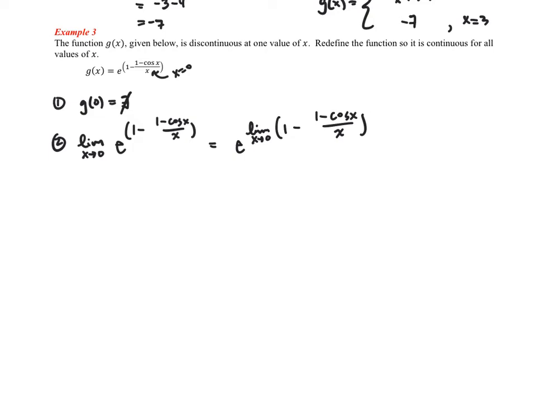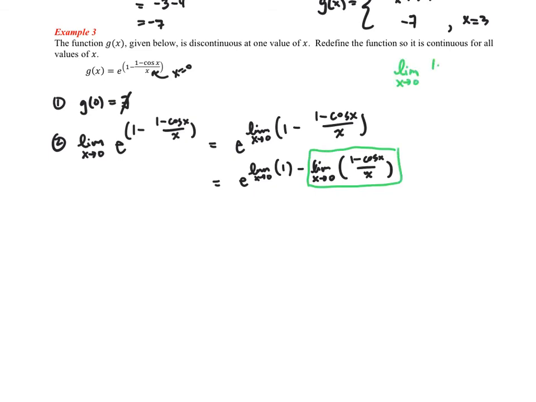Then from there, I'm going to do one more manipulation. I'm going to take the limit as x approaches 0 of 1 minus the limit as x approaches 0 of 1 minus cosine of x over x. At this point, hopefully, maybe we haven't gone over this, I'm not sure, but this is a special limit that you should put to memory.